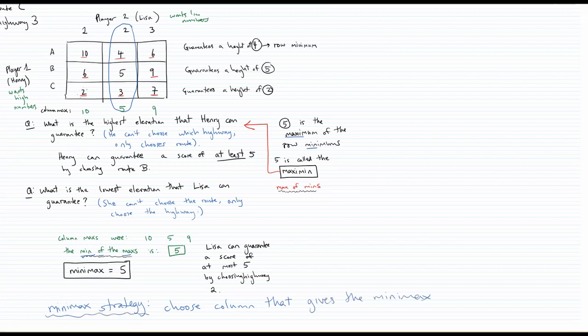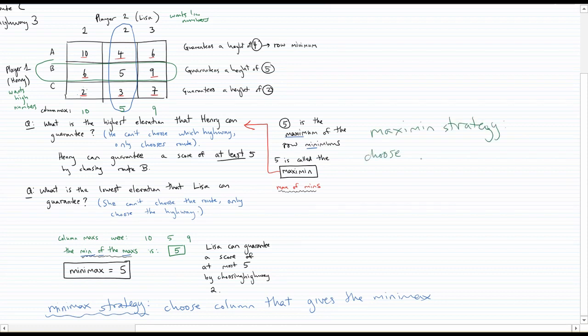And likewise, if Henry wants to play it safe, wants to guarantee, so he can plan ahead and say, okay, I know the elevation is not going to be less than this, then Henry should choose row B, because that's how he guarantees a height of at least 2. And that's called the Maximin strategy, choosing the row that gives the Maximin value.